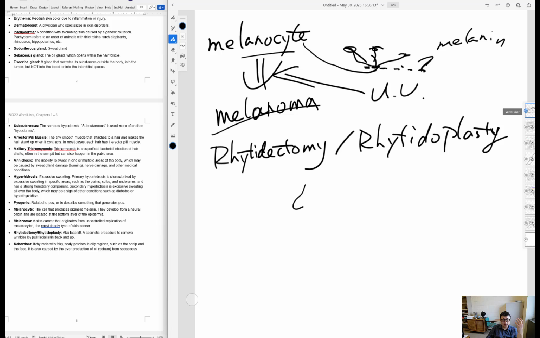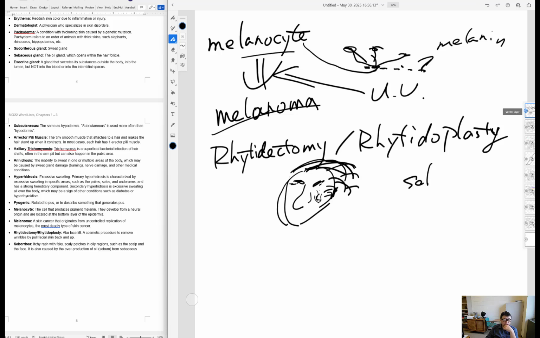Basically, there are some wrinkles here. We cut open behind the hair, and then lift the face back, stretch off the wrinkles, and suture it.